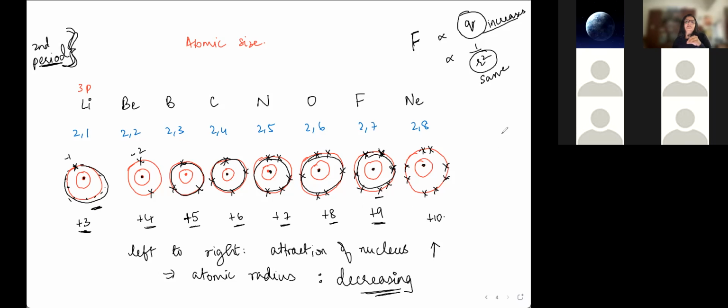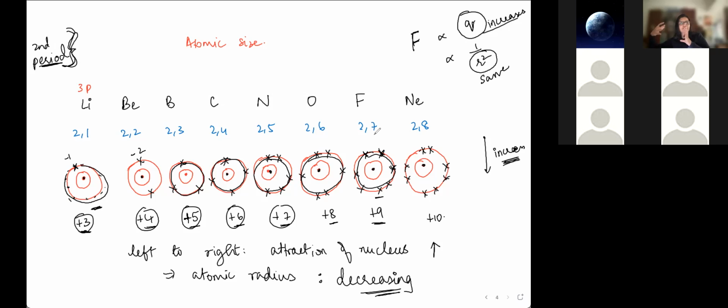So the periodic trend: as you go from top to bottom in a group, atomic radius increases. But as you go from left to right in a period, the atomic size decreases. Obviously, it's not a really big decrease, not as much as what this increases, but it's still a significant decrease. The reason is that as you go from left to right, the atomic number increases, which means the number of protons increases by 1 in each step, while the number of shells remains the same.